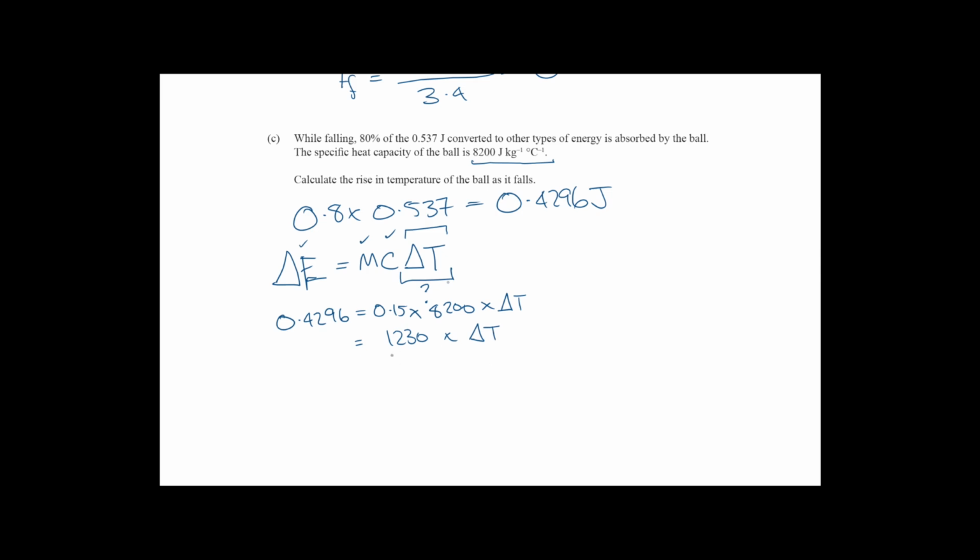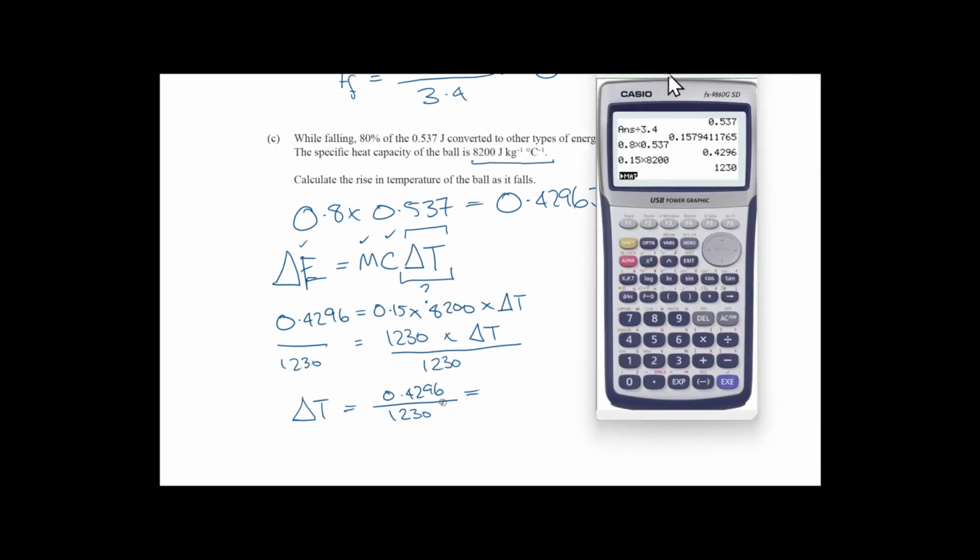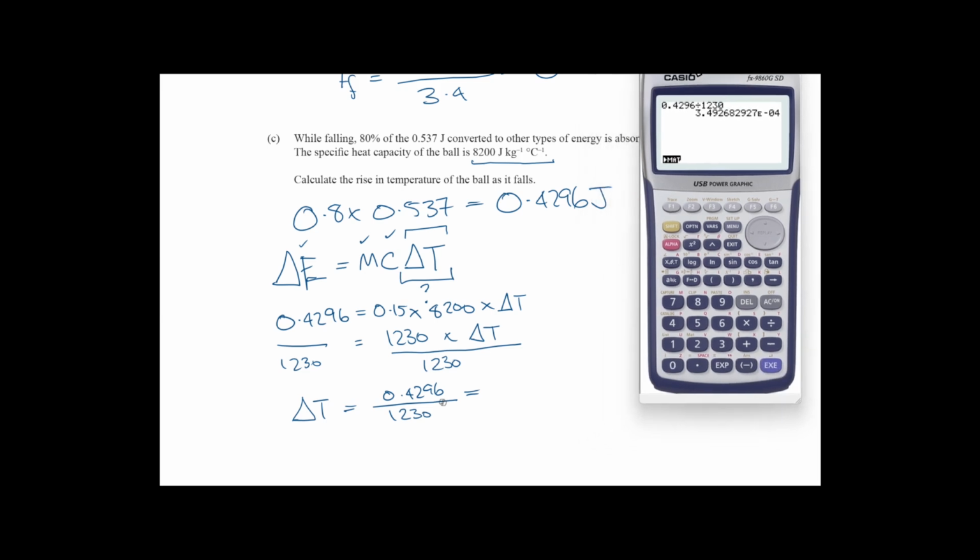So therefore, we divide both sides by the 1,230. We get the change in temperature. The change in temperature is 0.4296 divided by 1230. So this is going to be a pretty small number. 0.4296 divided by 1230 equals a really, really tiny number.